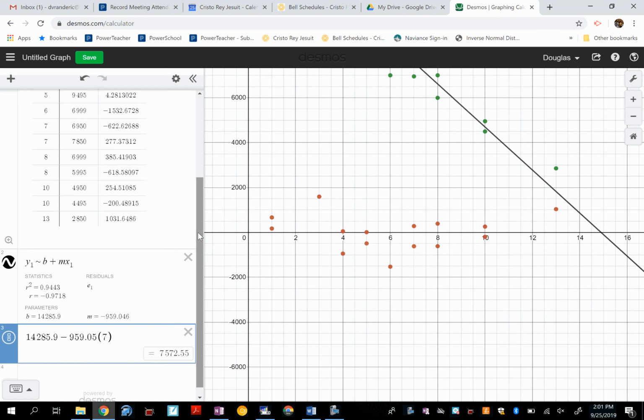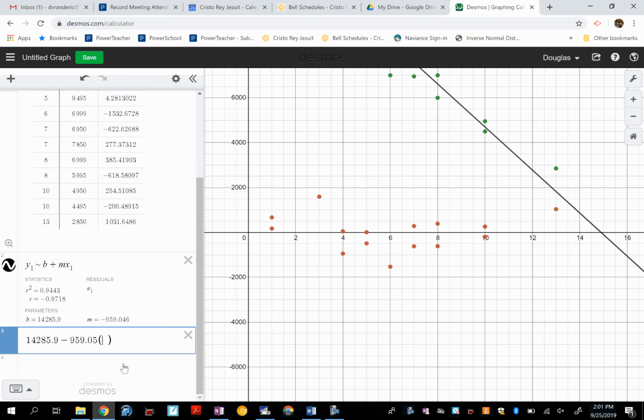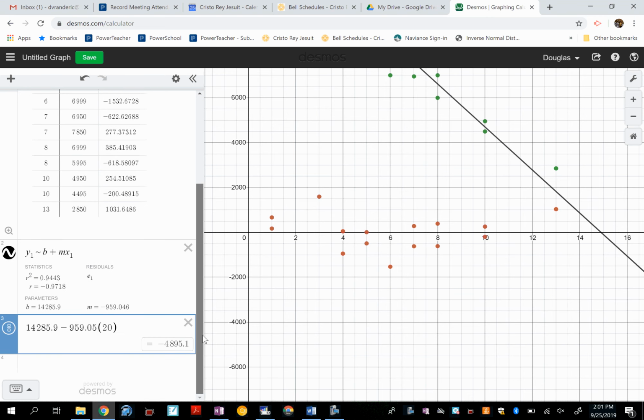Not like legal trouble, but just trouble. Do you see when I plugged in 20? It says negative $5,000. So they're going to give you the car and give you $5,000. So no, they're not going to do that. So extrapolation is an issue, but also our model can't handle that number.